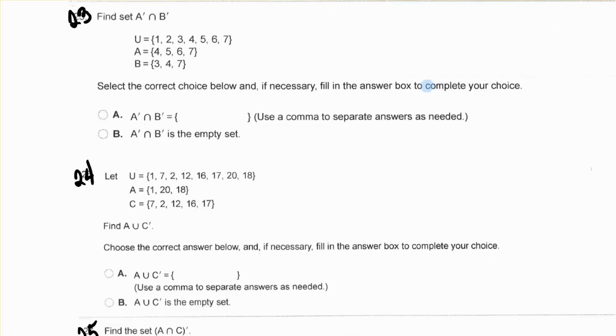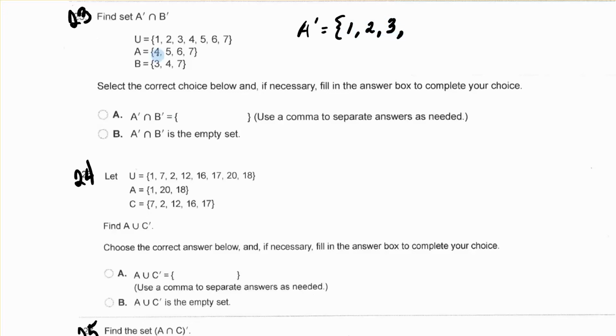Let's look at 23, which says to find the complement of A intersect the complement of B. Personally, I want to go ahead and find those. So for A complement, it's everything in the universe that's not in A. So 1, 2, 3.